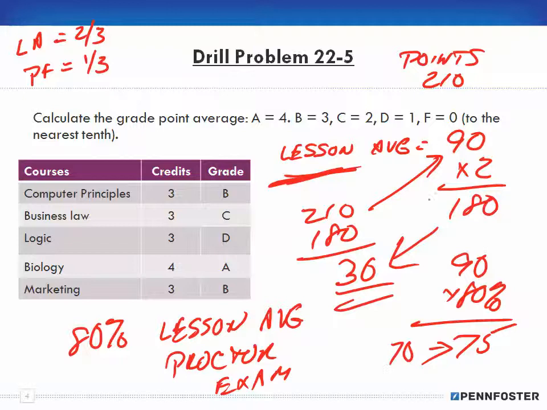So you see how, just by virtue of having a better lesson average, you're retaining the material better, and it makes it almost a no-brainer to get a 30 on your proctor exam and pass the subject.